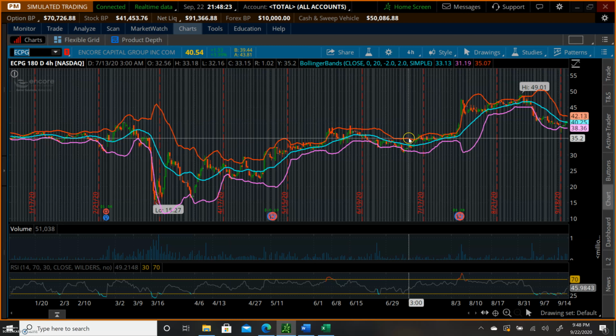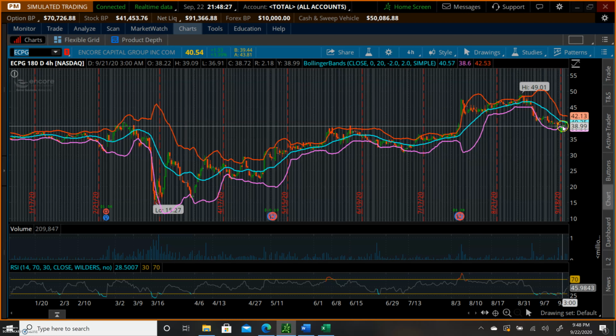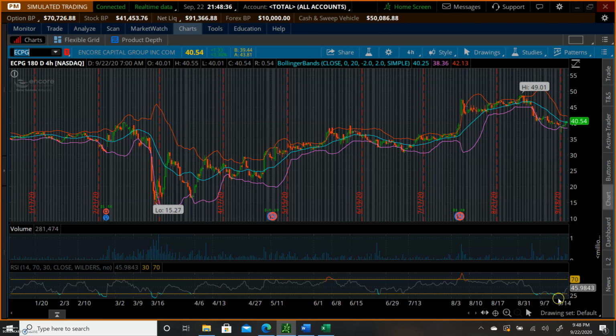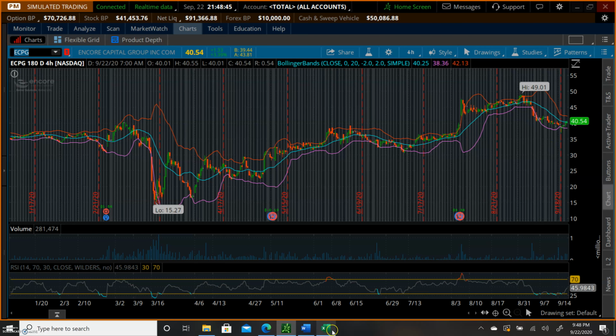Okay, we got ECPG on the 180-day chart. And so, like I said before, if it was a couple days earlier, this would have been a perfect execution right here on the bottom Bollinger Band. You got the bottom RSI. But as of now, we're at fair price on the Bollinger and a fair price on the RSI. So still doing pretty good for both those indicators.